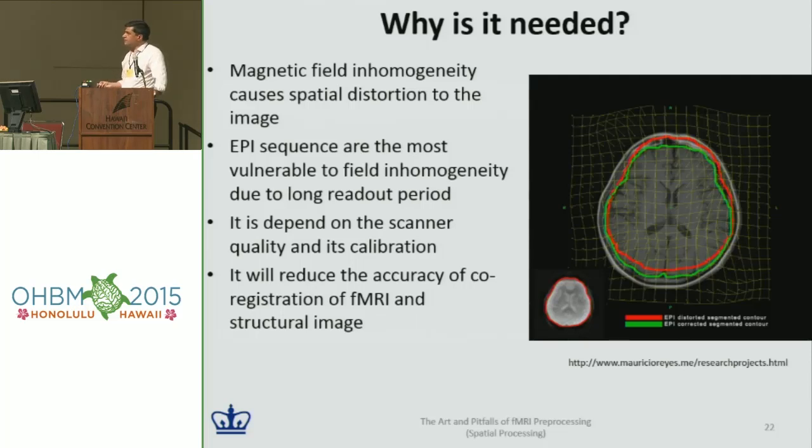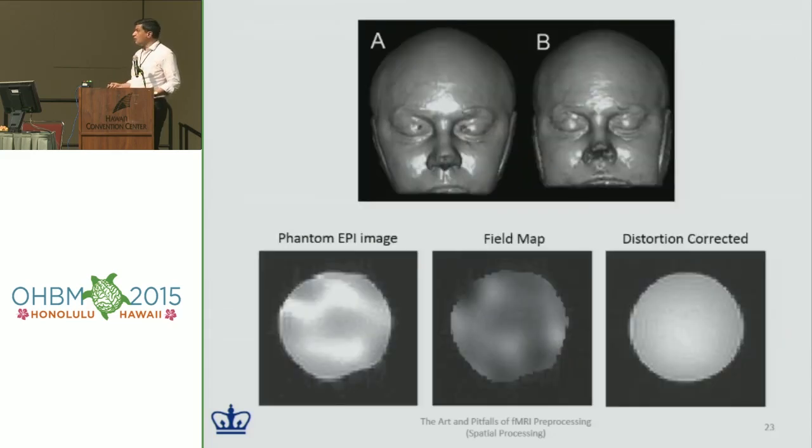So in this figure, you can see the border of two different fMRI data on top of a structural image. And that's what is called spatial distortion. It means the brain is somehow stretched or pushed in different directions.